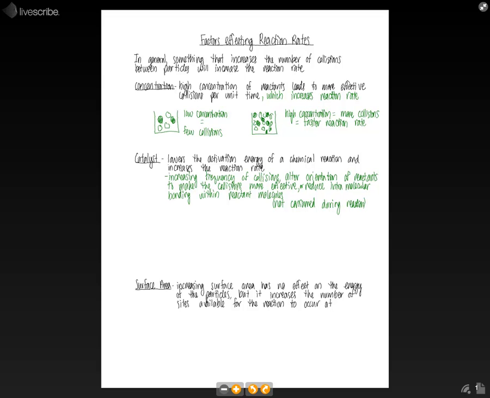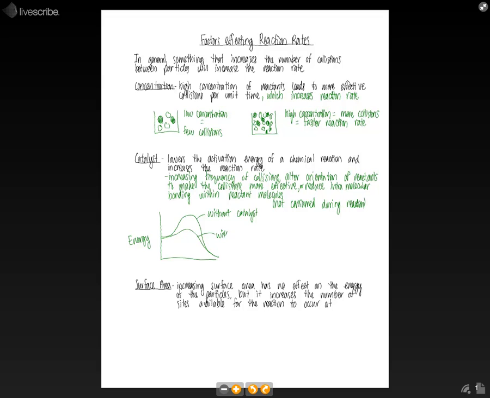And so we can just draw a little diagram. This top line is going to be the energy required without a catalyst present.